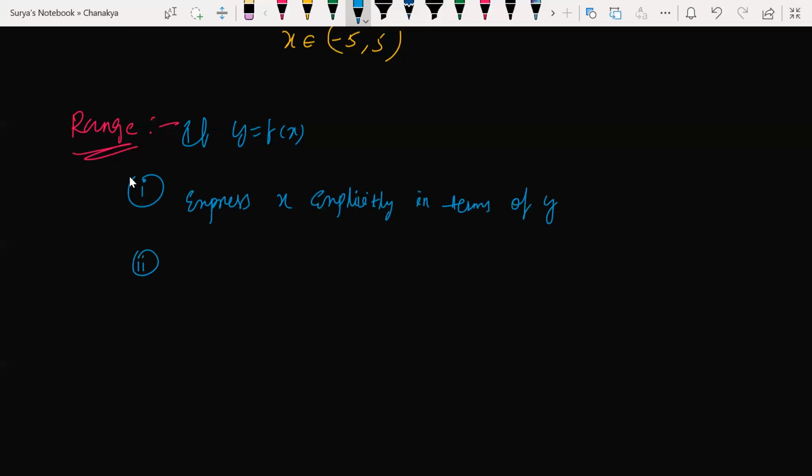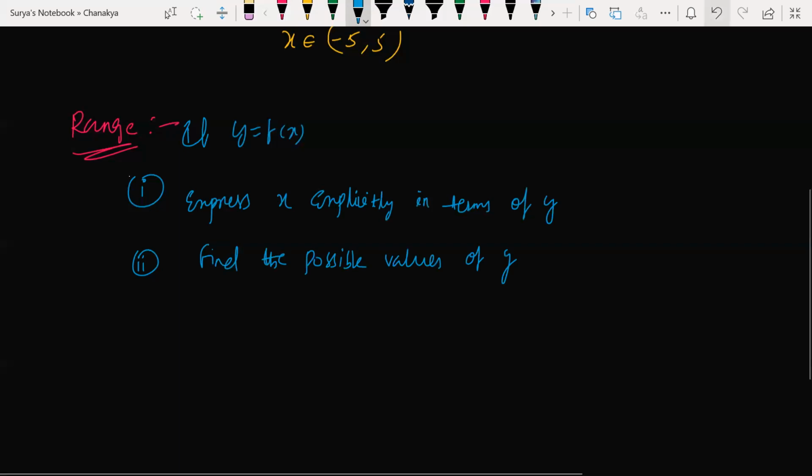The next one is we need to find out the possible values of y.